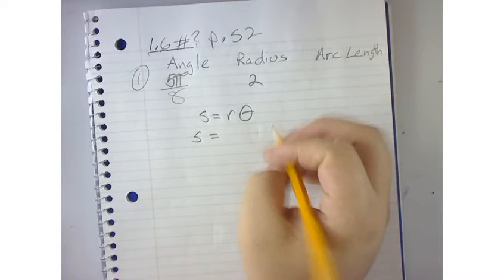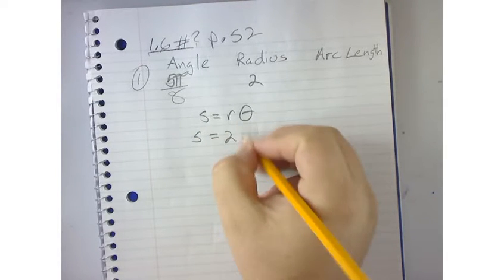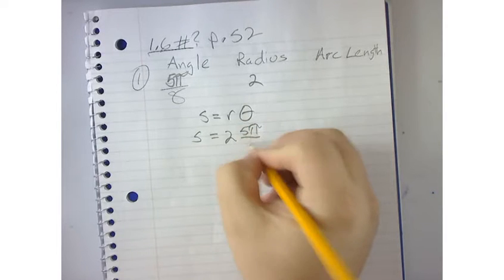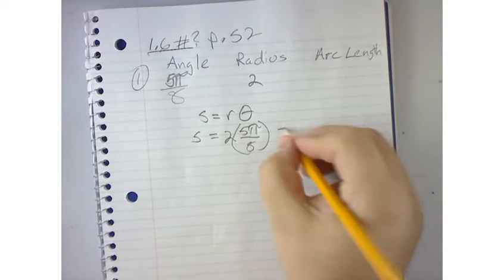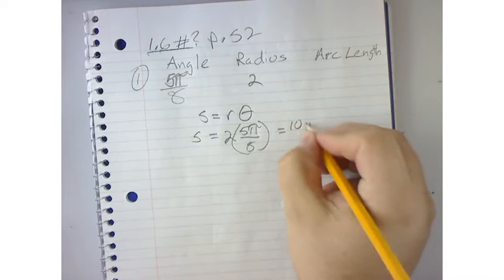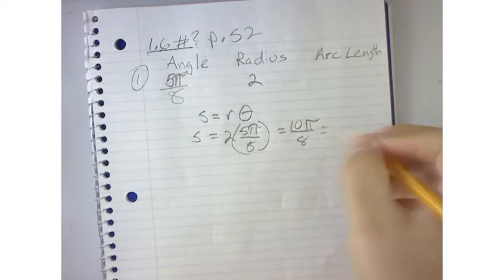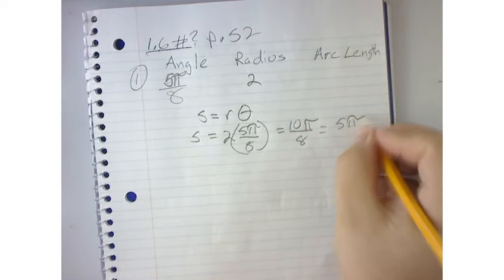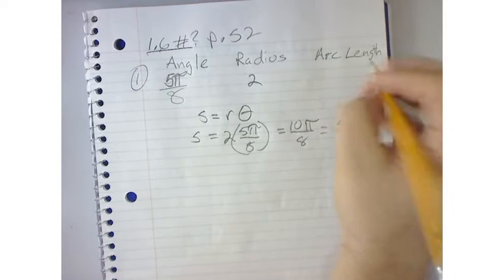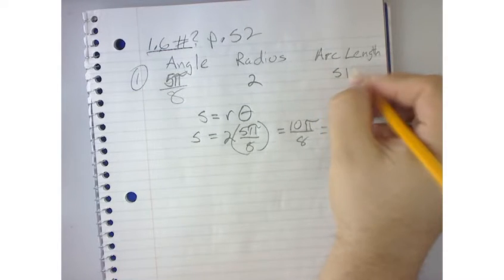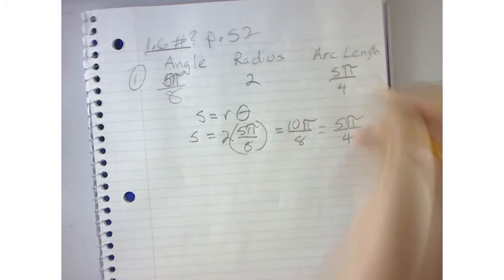And the radius is 2, and theta is 5 pi over 8, which is 10 pi over 8, which is 5 pi over 4. So the arc length is 5 pi over 4.